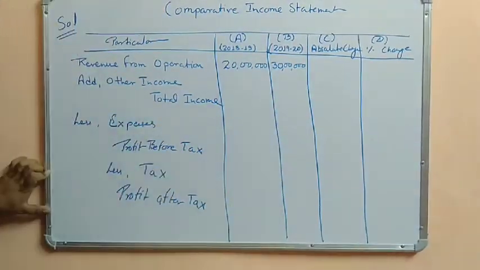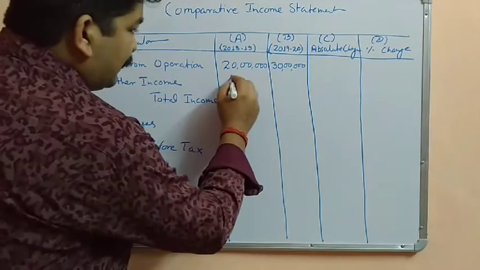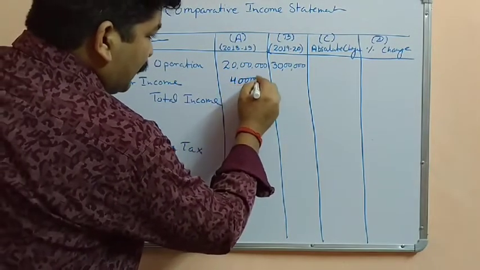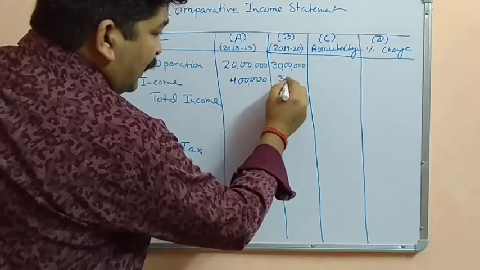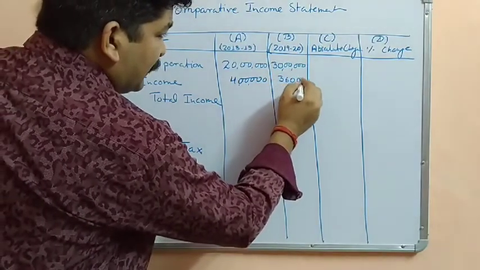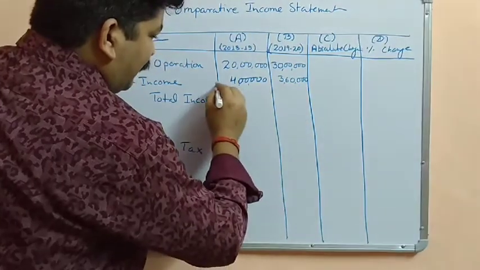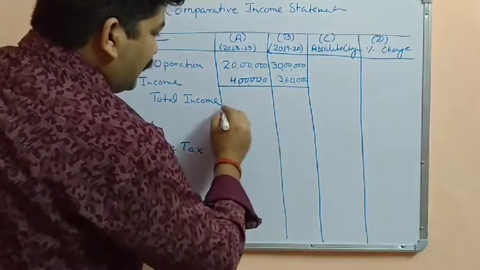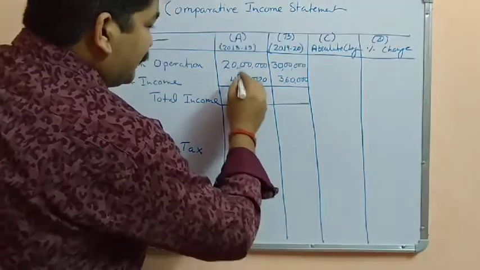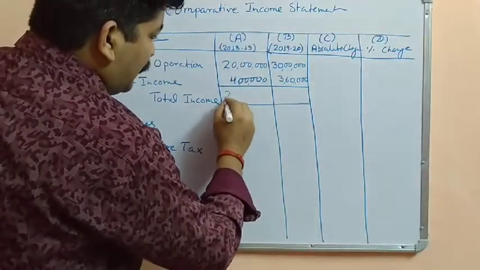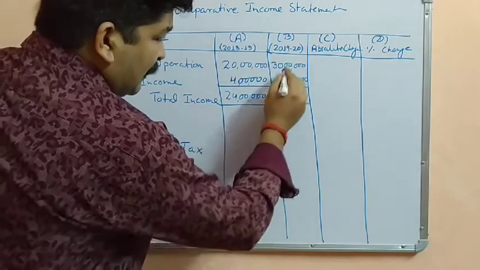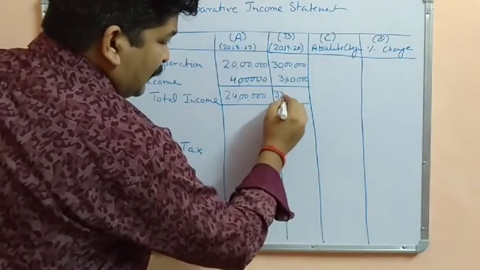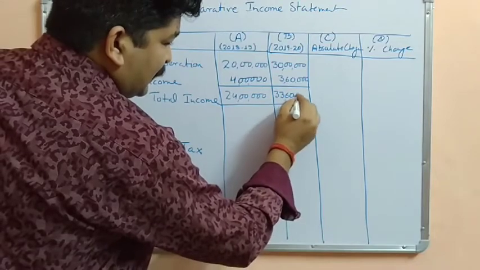Other income for the year is 4 lakh and 3,60,000 respectively. Add it, you will get the total income, 24 lakh and 33 lakh 60,000.